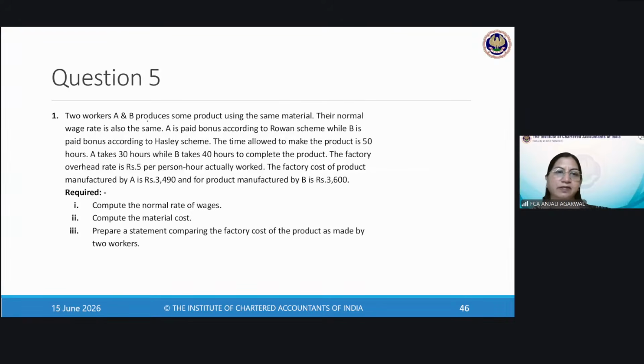One interesting question: there are two workers, A and B, who produce the same product using the same material. Wage rate is also the same. A is paid as per Rowan. B is paid as per Halsey. Time allowed to make the product is 50 hours.